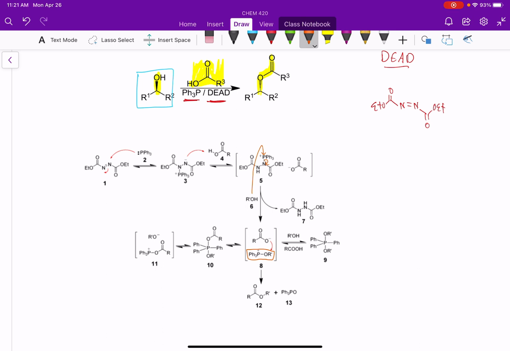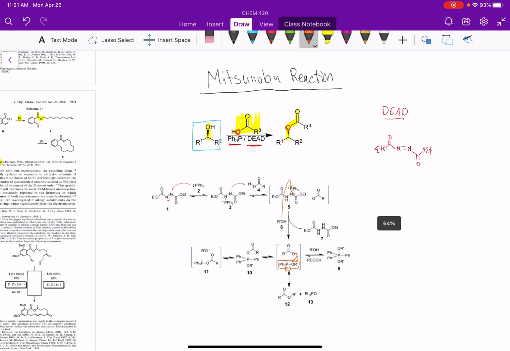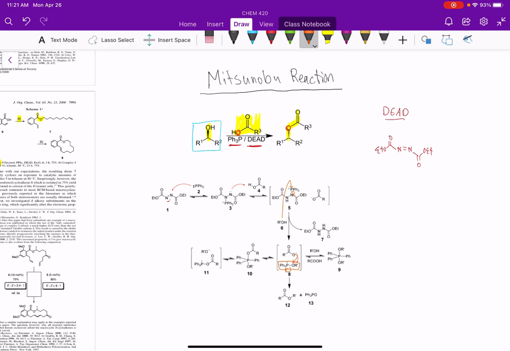Then your carboxylic acid attacks, kicking out the phosphine oxide. That's why you get the inversion of stereochemistry at the alcohol. The O from the carboxylic acid is the O that's found here, and that's different than the Fischer esterification. That's called the Mitsunobu reaction.